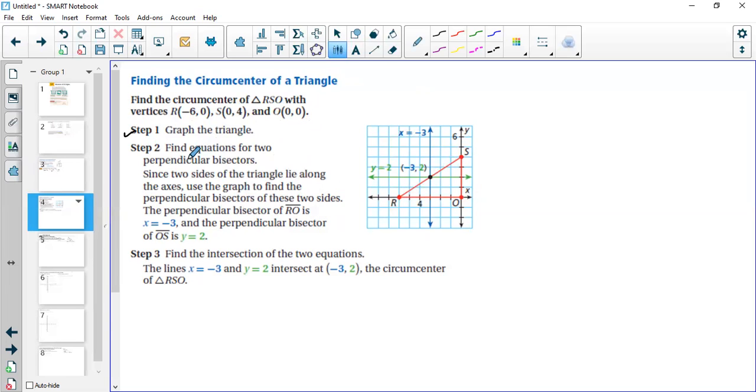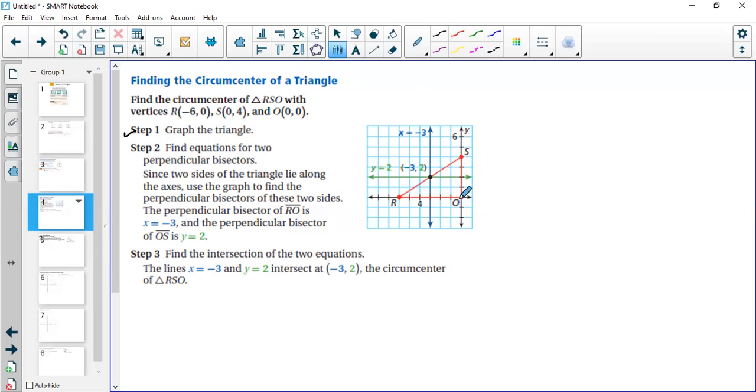Now the next step is to find equations for two perpendicular bisectors. A triangle has three perpendicular bisectors, but you need to find the equations for any two. According to this triangle, two sides lie along the x-axis and the y-axis. One side is on the y-axis and one side is on the x-axis.